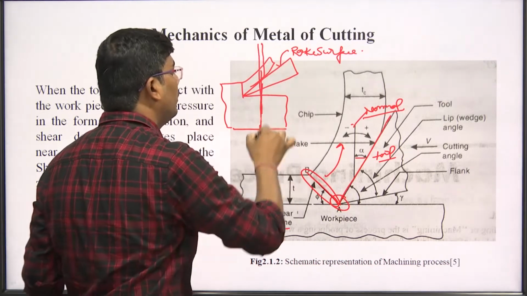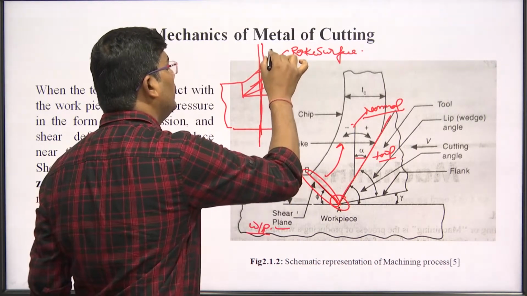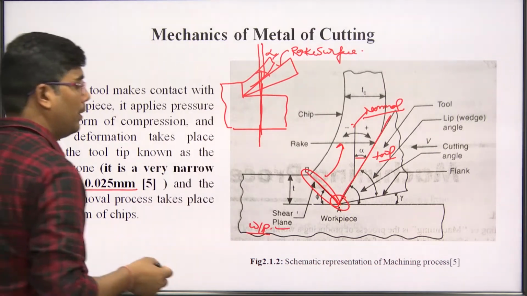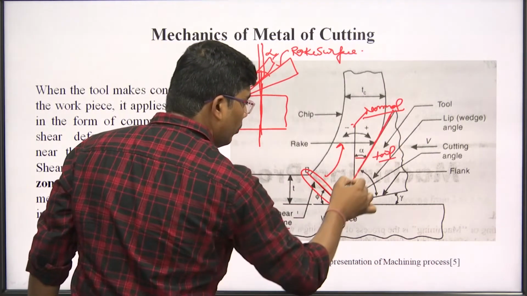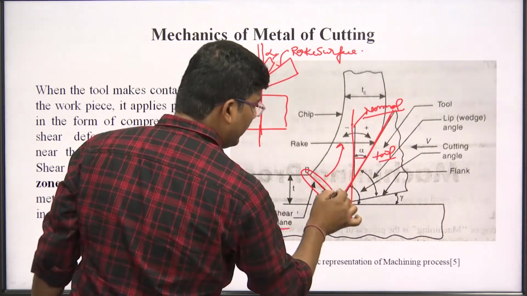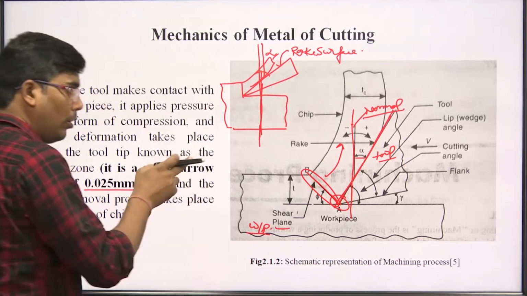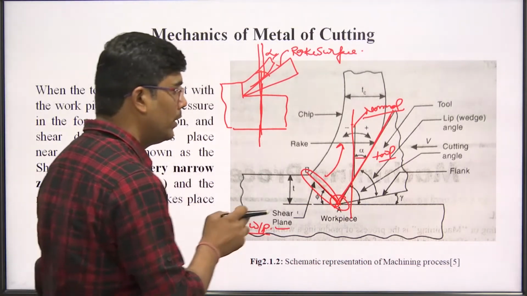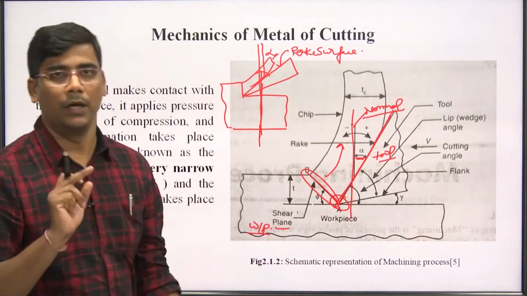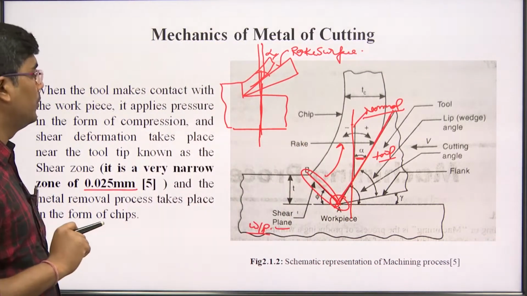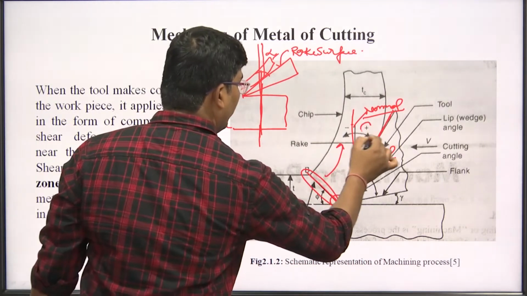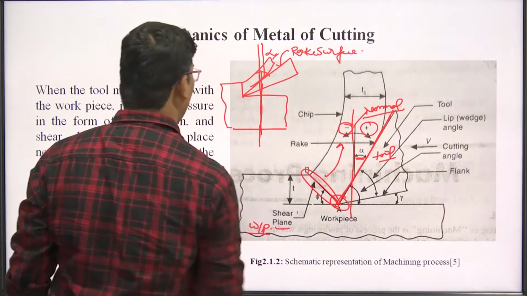If you draw the normal on the rake surface of the tool, the angle formed between the normal and the rake surface is known as the rake angle, denoted by alpha. Again, I repeat: this is the rake surface of the tool. The rake angle may be positive or negative. That is, this side will be alpha positive and this side will be alpha negative.